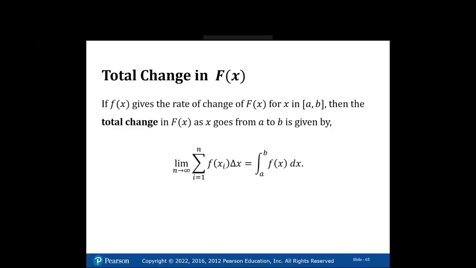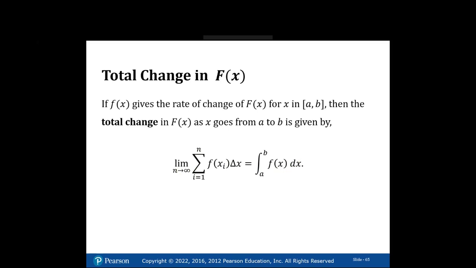So if f of x gives us the rate of change of some antiderivative for x in this interval, then the total change, right, because I'm just adding up the change from each of these, that gives me our total change. So it's just saying that this limit of our rectangles is equal to this definite integral.